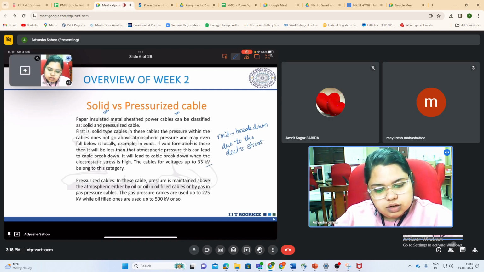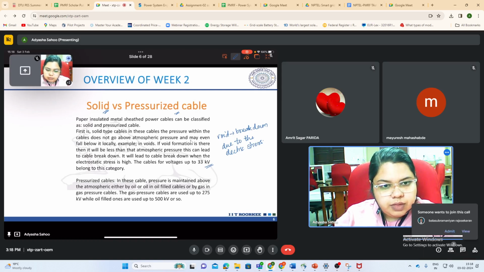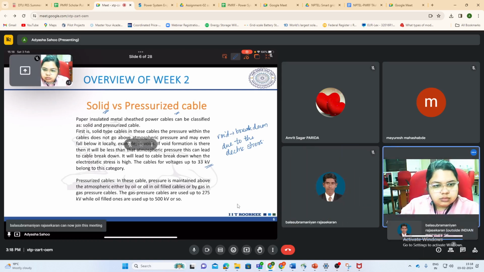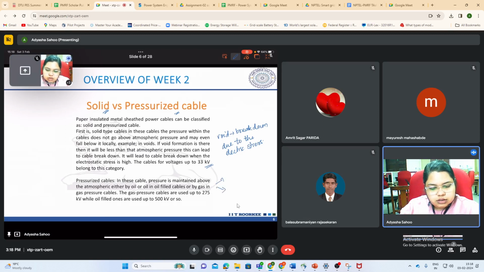Hence these are used for lower voltages up to 33 kV. Then pressurized cable. Here for pressurized cable we use two types of material. Either they can be oil or gas, right?